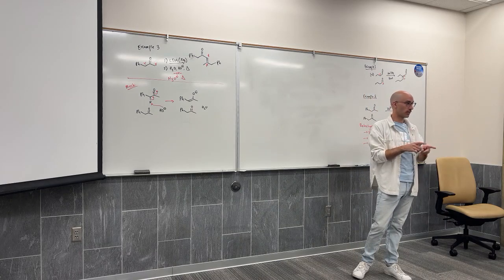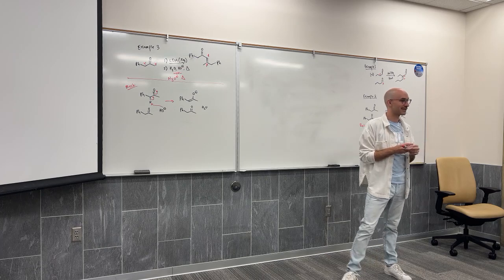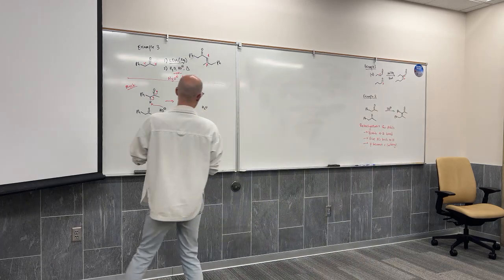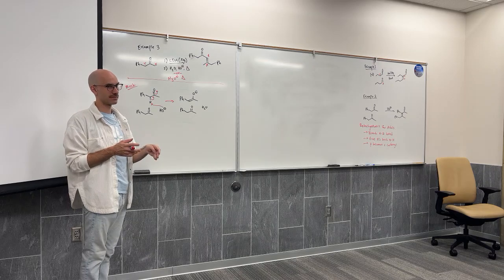It is your job to read those instructions and make sure that you look for showing the resonance forms of the enolates if you need to. I'm not going to do it here, but if you want to draw the resonance form, have at it. There's absolutely nothing wrong with adding it if it's not required. But there is a problem with not showing it if it is asked for.